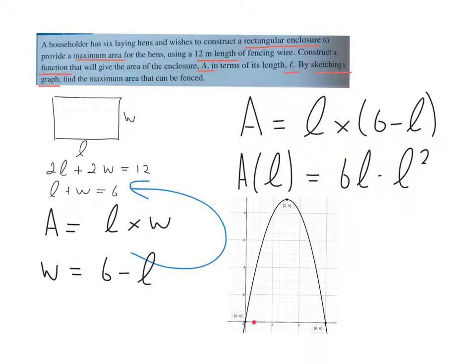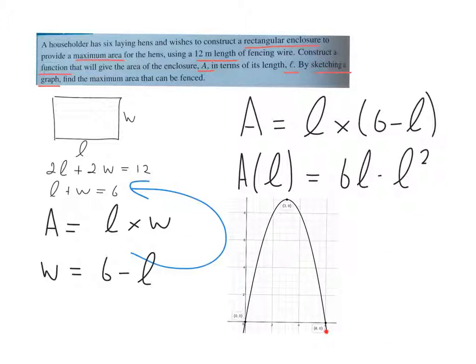I've just put it into Desmos, and you can do it in your CAS calculator, or you can solve it using the factorized method. In fact, the previous step, before we finished it, was factorized. So you can see here that the factors are 0 and 6, which is what happens down here on the graph. Now what this means is that the area starts at length equals 0, in which case the area was also 0, and goes up, then decreases until it reaches, again, length equals 6, in which case the area is also 0.